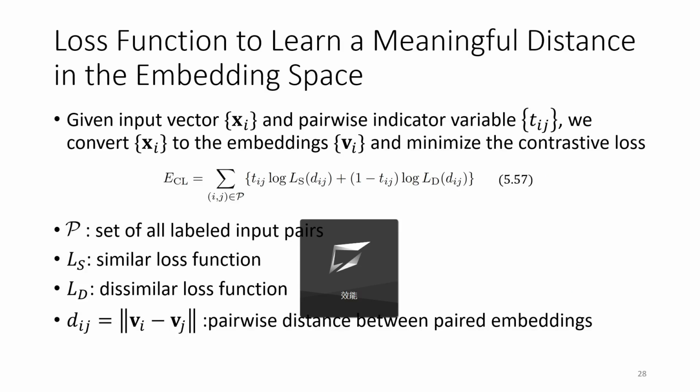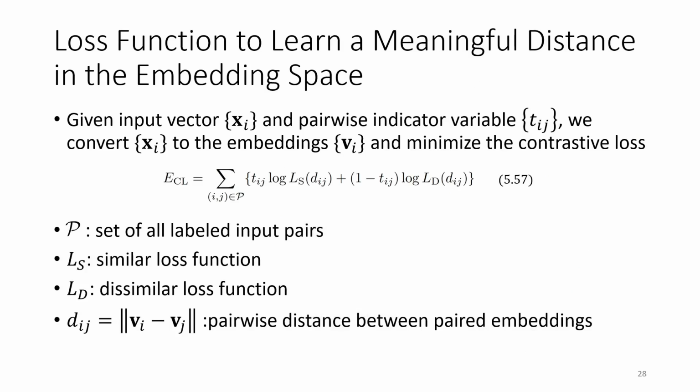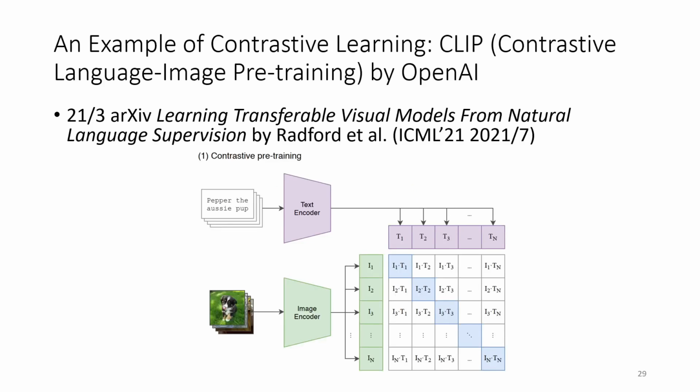Okay, so the slide was used last week, I think. What we talked about was contrastive learning. We saw two different machine learning problems: one is classification, and the second is regression, and this is the third, contrastive learning.